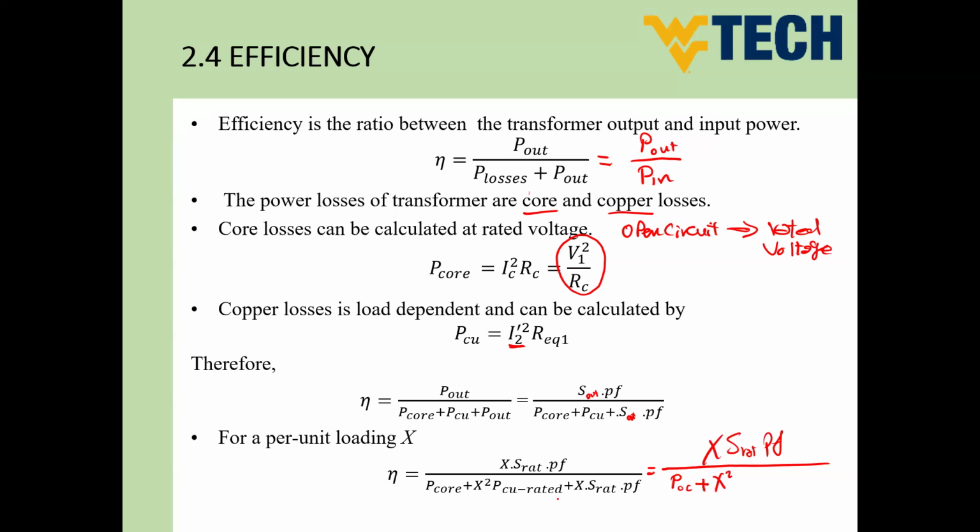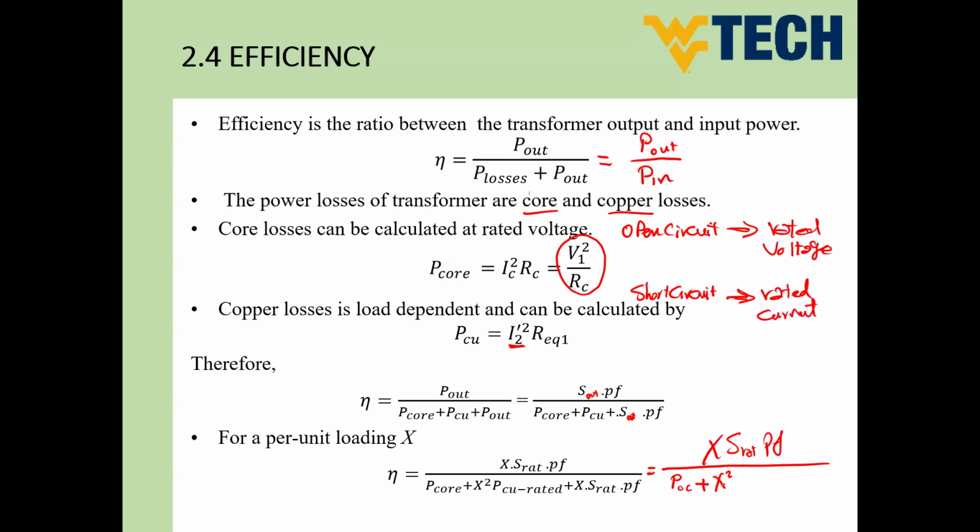P copper rated means I square rated value times R equivalent, which is nothing but P short circuit, because we mentioned that the short circuit test is all of the time made at rated current.